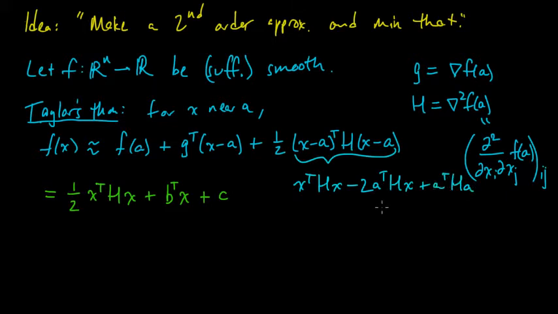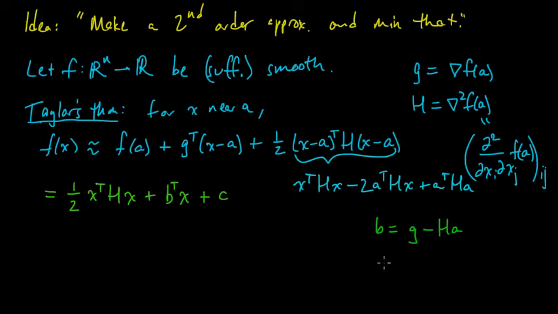So the linear part is minus 2 a transpose H, so we transpose that and we get Ha. H is always symmetric. The Hessian is always symmetric. And we get a minus there. The 2 cancels. And so this is going to be g minus Ha. So that will be our b.